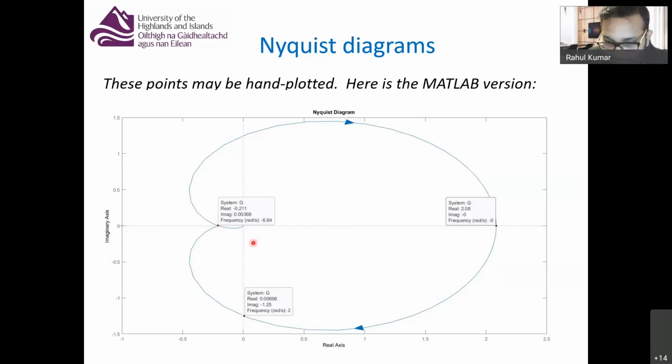Similarly, if you look at this value, that is where my Nyquist plot is cutting the imaginary axis. So it is cutting the imaginary axis at this point, right? The real part is almost 0, it is 0.006, quite small, and the imaginary part is minus 1.25.